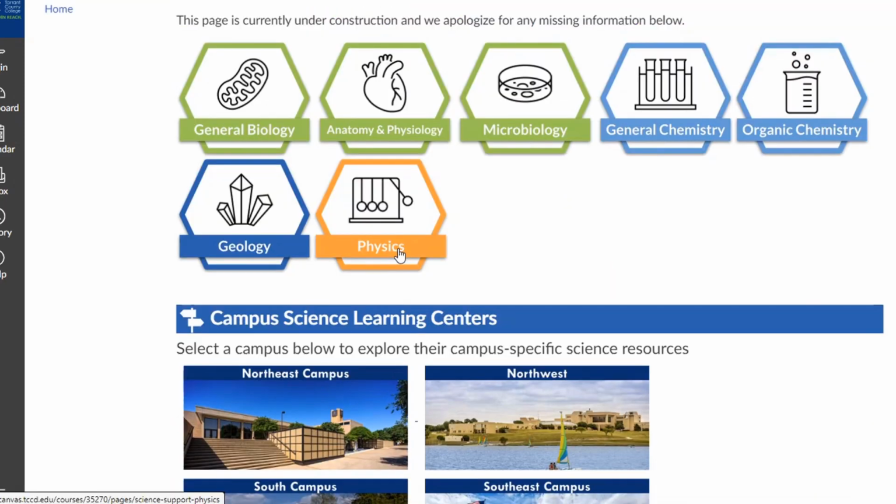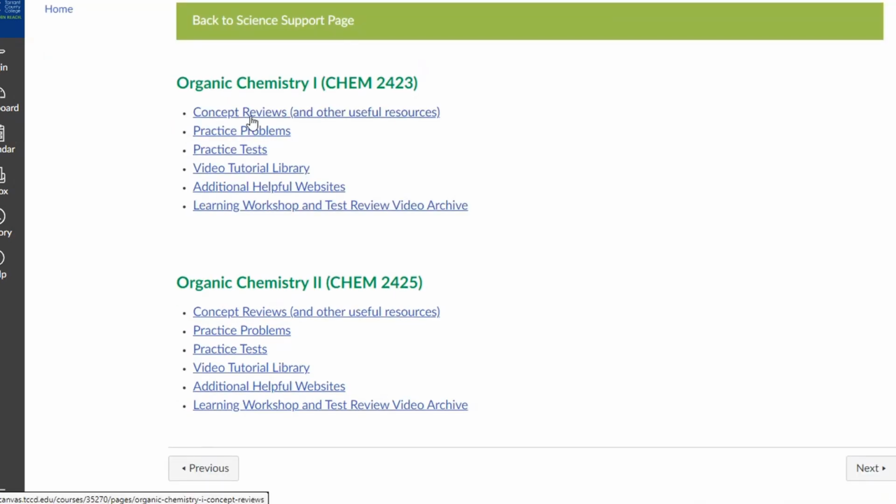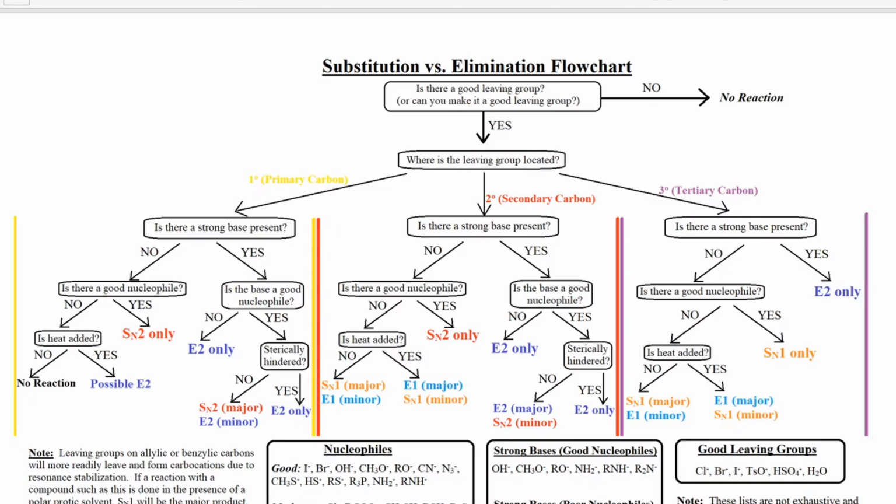I know it's awful, there's like 15 clicks to get here, but not quite that bad. Under concept reviews on the Organic Chemistry 1 science support page, there is the substitution versus elimination flowchart. And this is awesome.